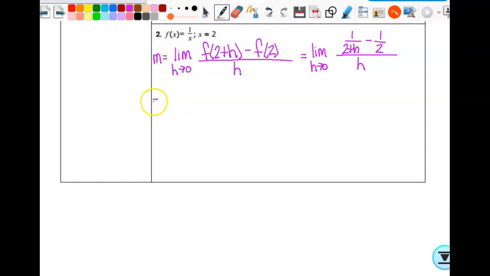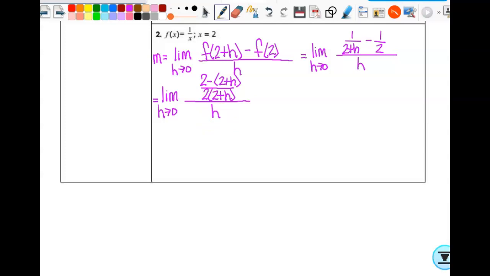So this is equal to the limit as h approaches 0 of, in the numerator, I need a common denominator. My common denominator is going to be 2 times 2 plus h. That means my numerator is going to be 2 minus 2 plus h, parentheses matter, all over h. Got to be able to get a common denominator and not freak out about fractions.